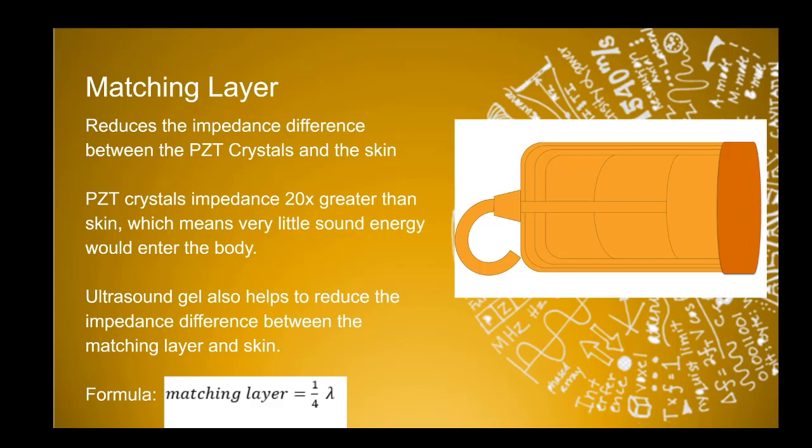And if we can't get sound into the body, then we're not going to get images, right? So we need a material that helps move the sound from the PZT crystal into the body. The PZT crystals have an impedance that's 20 times greater than skin. So this matching layer is placed in between to create less impedance from the PZT crystal to the matching layer to the skin.